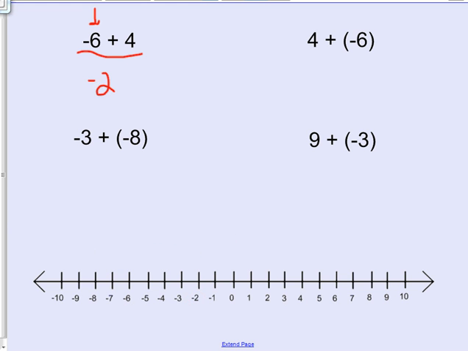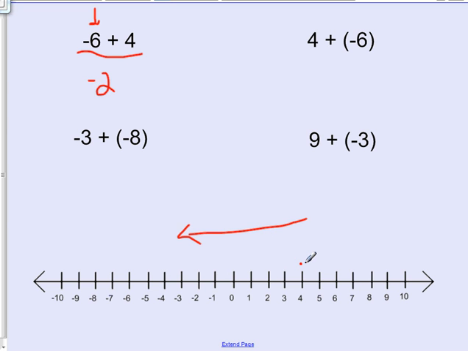In this next example, we have 4 plus negative 6. So we're starting on the positive side of the number line, and we are adding a negative number. When we're adding a negative number, we're going to go to the left. Because we're adding a negative number, you're going more negative.